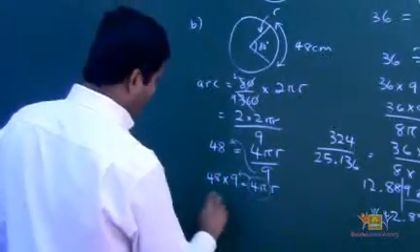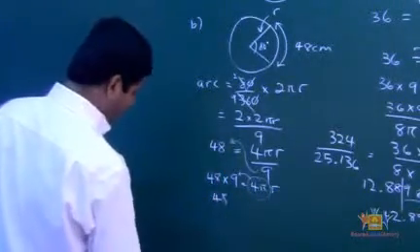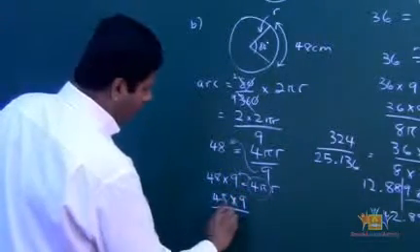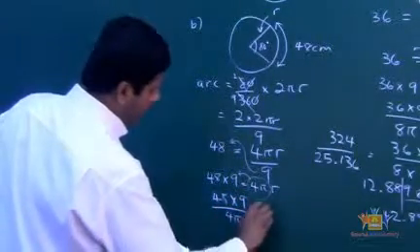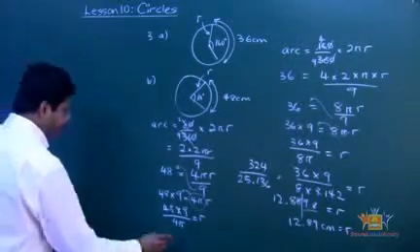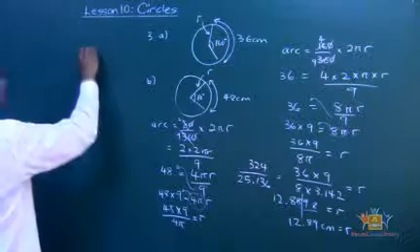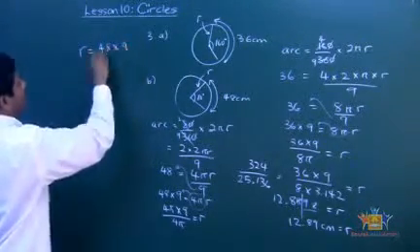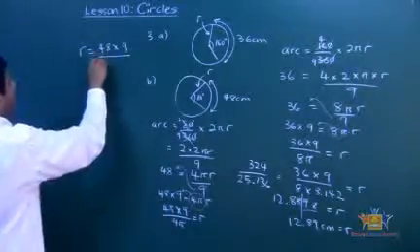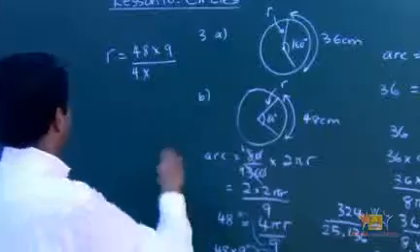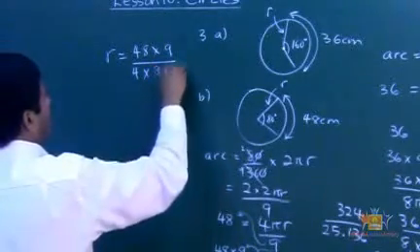So that becomes 48 times 9 over 4 pi, which is r. Let me write it over here. So r equals 48 times 9 over 4 times, what's pi? 3.142.